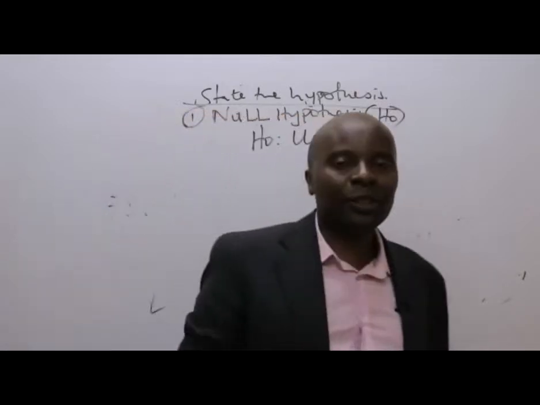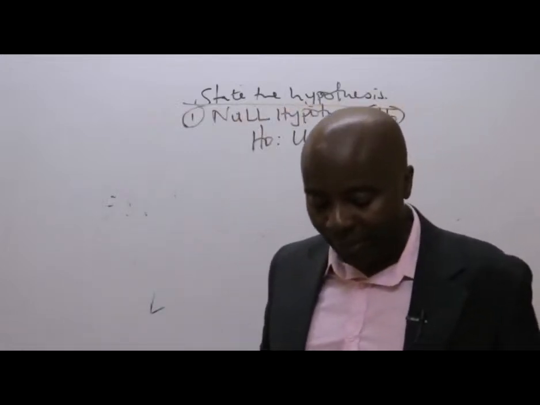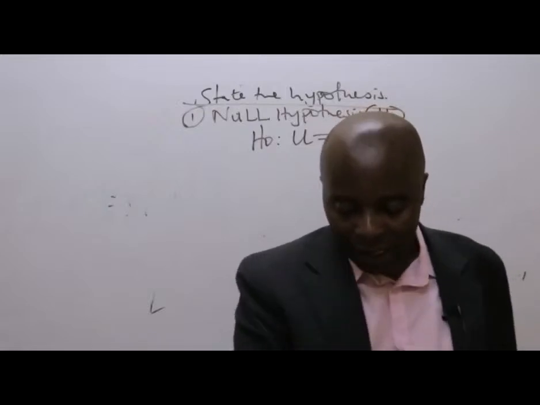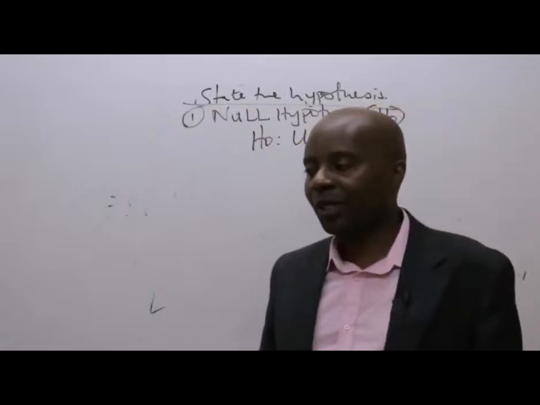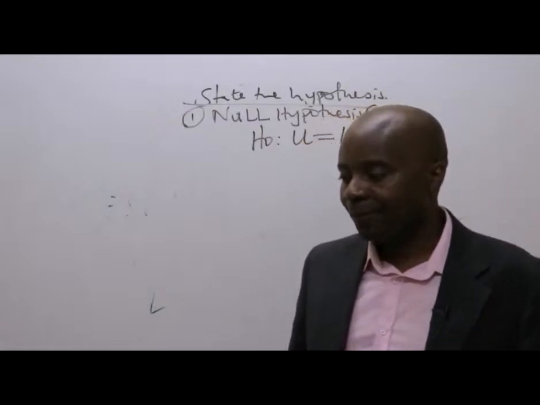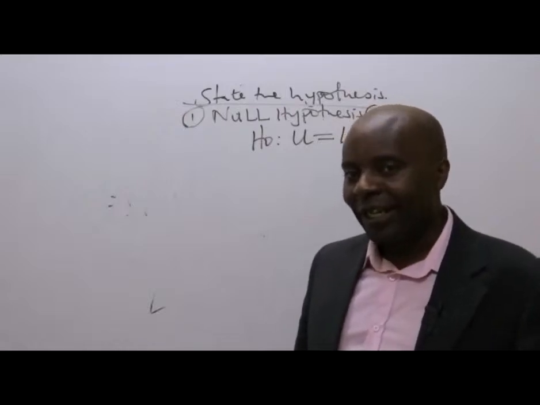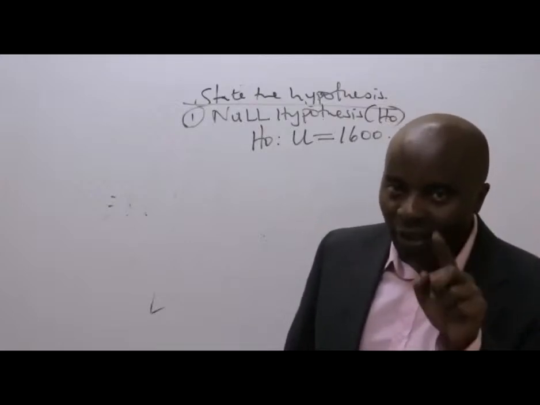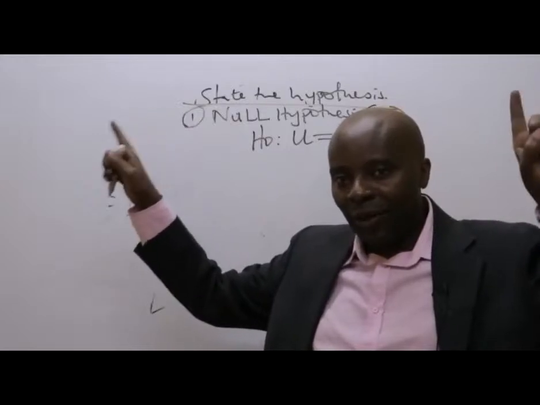The null hypothesis is because they want us to test the claim that the mean lifetime of the tubes produced by the company is 1600. So the null hypothesis is 1600. Now, ladies and gentlemen, remember they want us to test the claim that when we put up that bulb, it's going to stay there for 1600 hours.